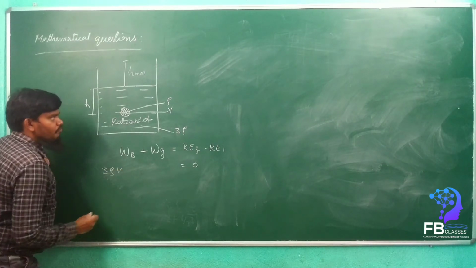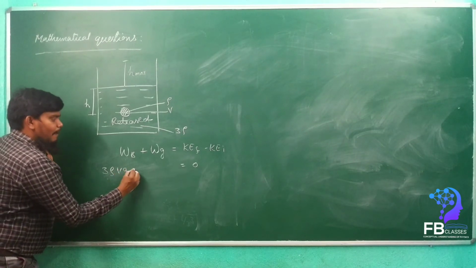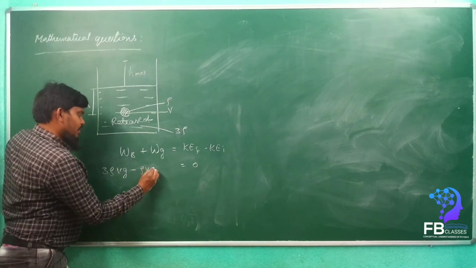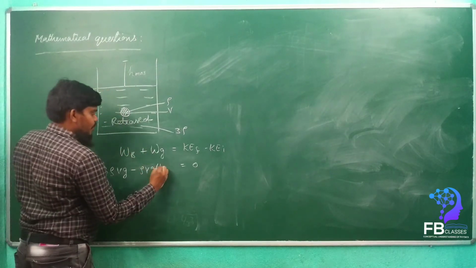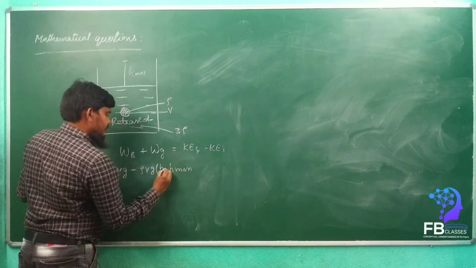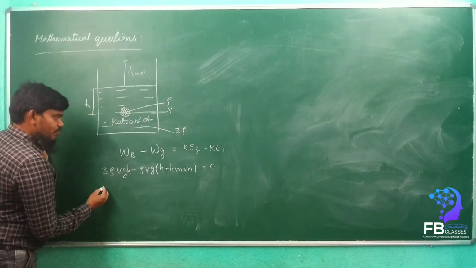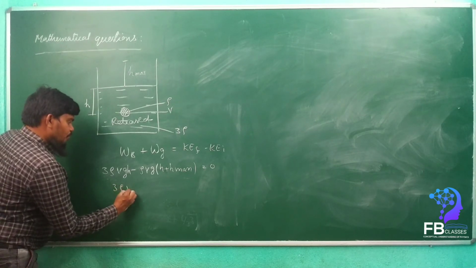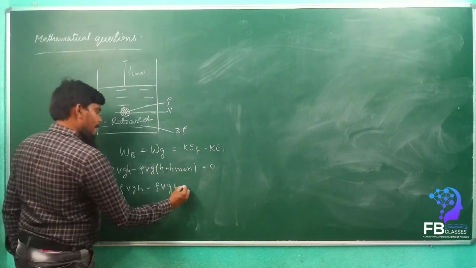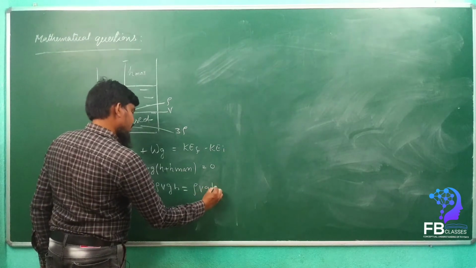3 rho V g h minus, because the gravity force will act upwards, rho V g into (h plus h max) is equal to 0. Now what will the total value come to? 3 rho V g h minus rho V g h is equal to rho V g h max.